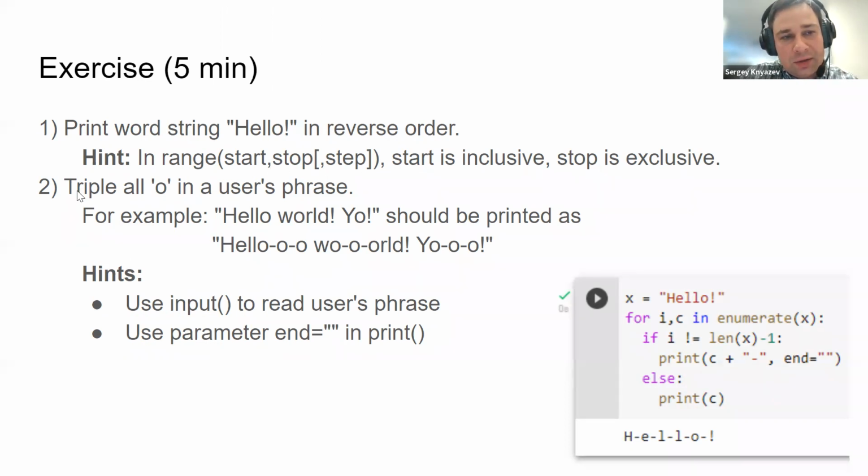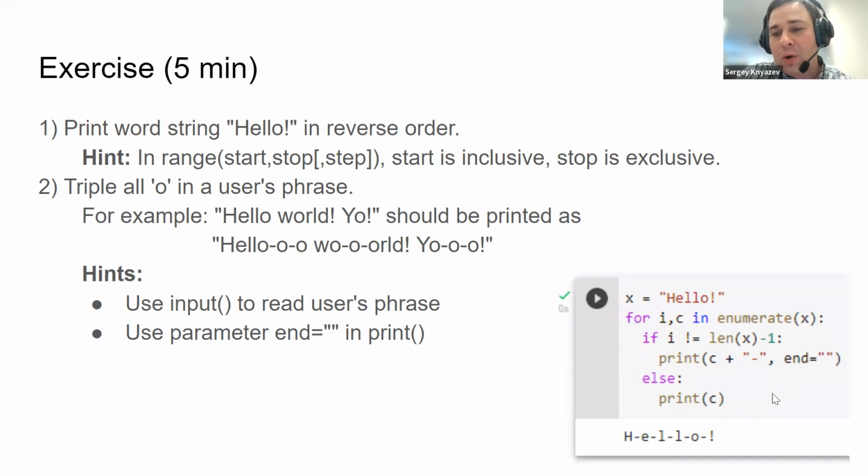The second task is to triple the O in a user's phrase. You need to invent some phrase, so use input for obtaining a user phrase, and make each O tripled in the output.